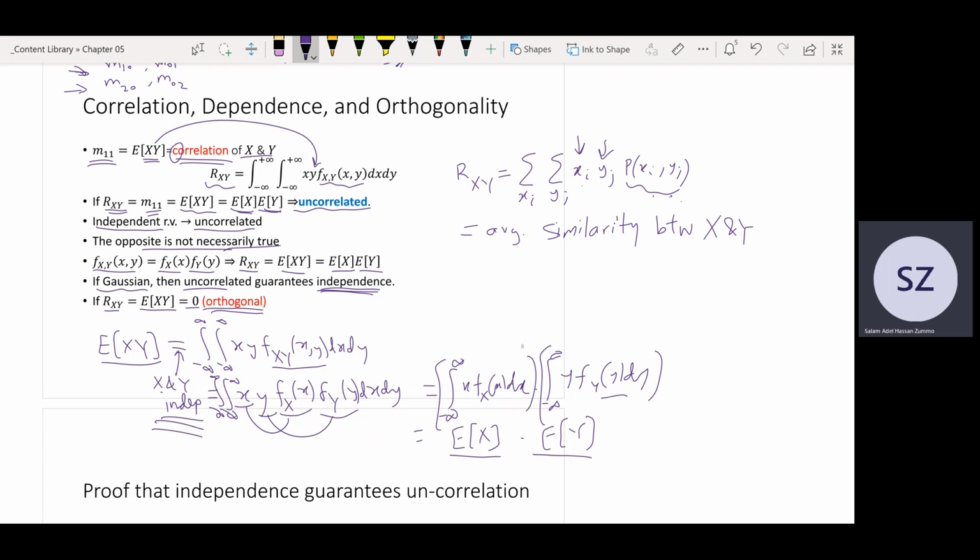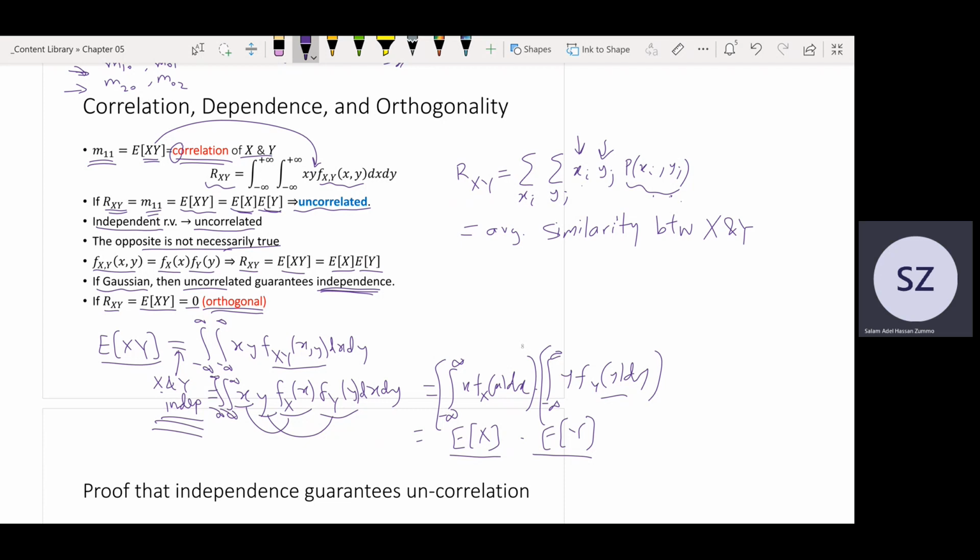If two random variables are independent, then the joint PDF decouples into the marginals. In this case, this will lead to the expected value of XY being equal to the product of the two expected values.